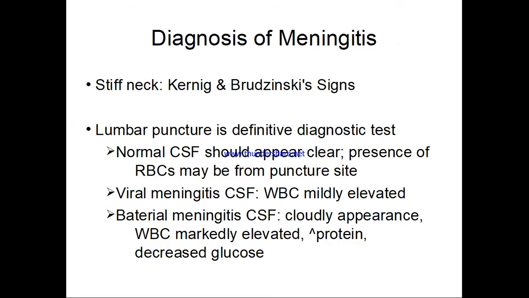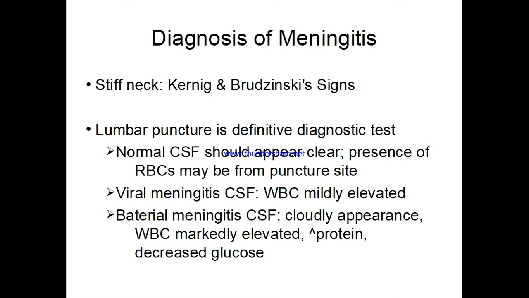Lumbar puncture is the definitive test for meningitis. Normal CSF appears clear. On the micro report, there may be RBCs in the sample from the puncture site. So a tiny bit of blood may get into the sample from the actual puncturing of the skin.